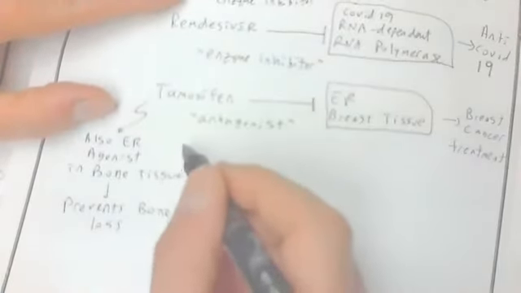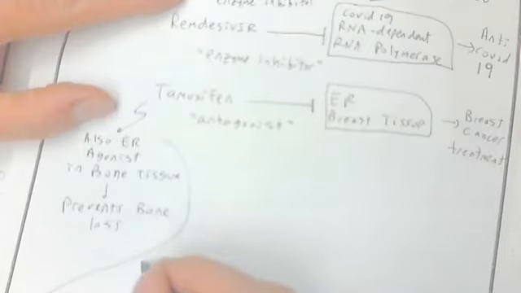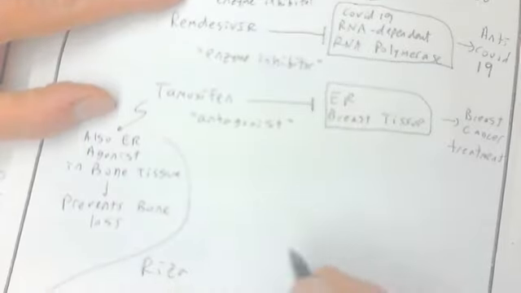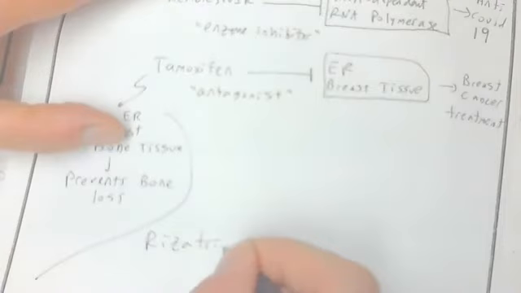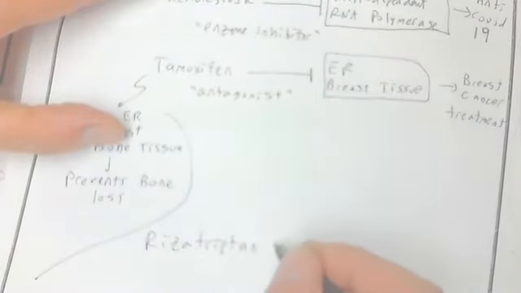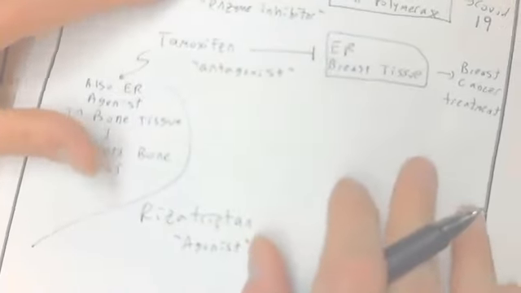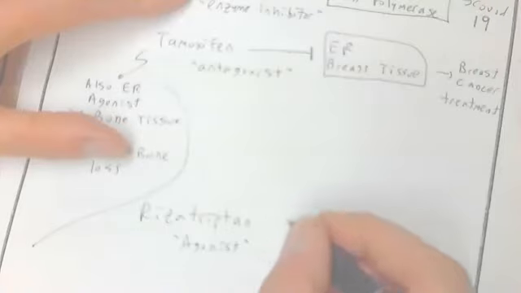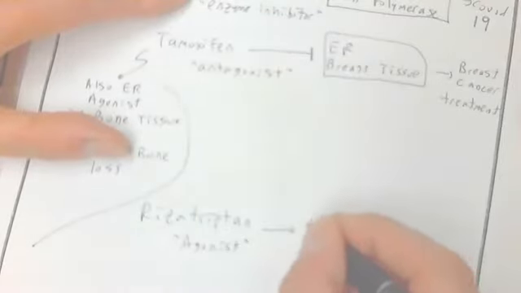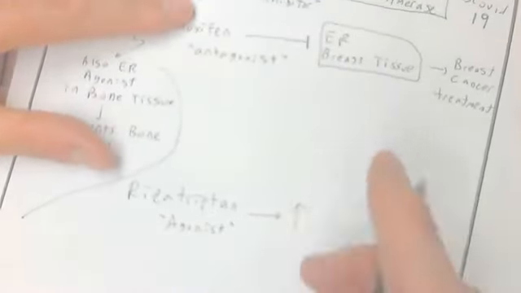Okay, and I also mentioned another example of an agonist in class, which was rizatriptan. I mentioned it in passing. It is an agonist of serotonin receptor subtypes.